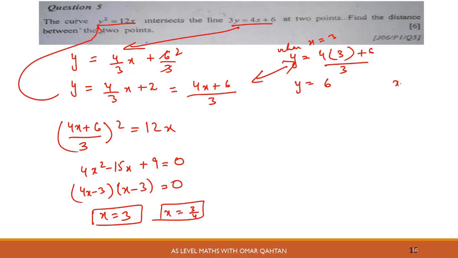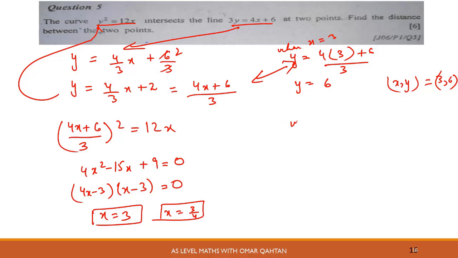So I will write this coordinate like this: x comma y is equals to 3 comma 6. That's very important. Sometimes students make so many mistakes, like substituting the value of x from some other coordinate and meeting it up with some other coordinate. So definitely it would make a big mistake. So you need to be cautious while doing this.